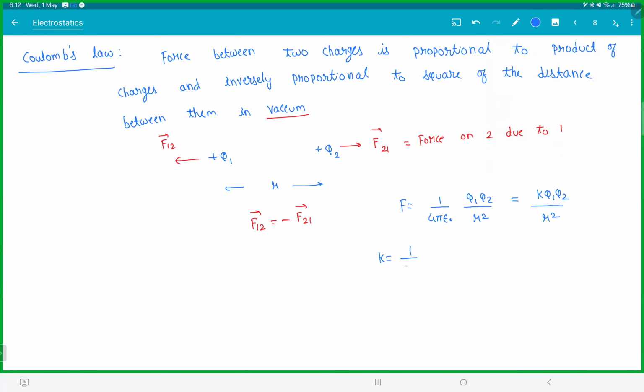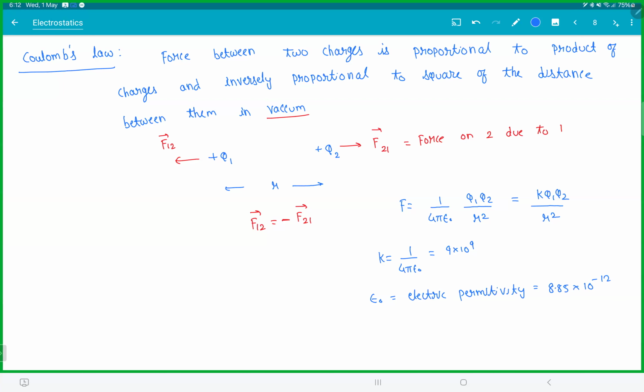Where this K value is 1 by 4 pi epsilon, which is 9 into 10 power 9. And epsilon's value is given by 8.85 into 10 power minus 12.